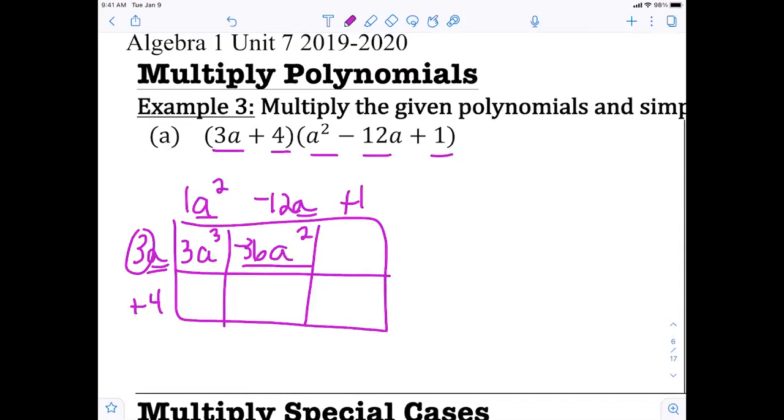And moving forward then, 3 times 1 is going to end up being 3. Bring the a through. There's only 1 being multiplied. Moving down to my next box, 1 times 4 is going to end up being 4. Bring the a squared down. 4 times negative 12, that's going to end up being negative 48. Bring the a down. And last but not least, 1 times 4 is positive 4.